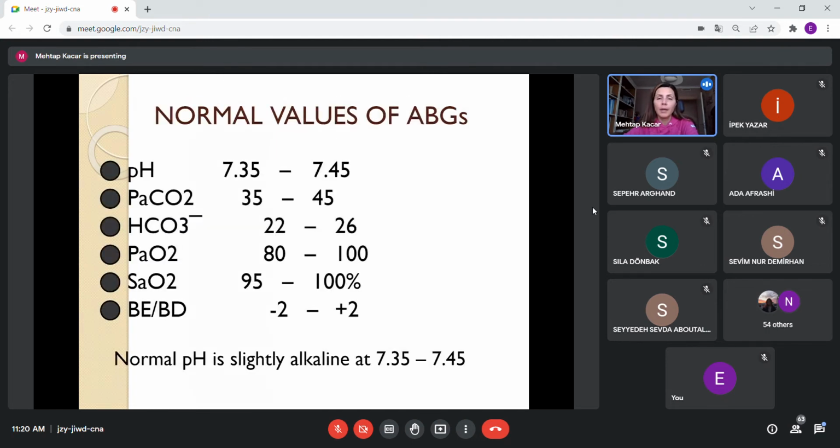Normal values of arterial blood gases: pH is equal to 7.35 to 7.45, PCO2 45, bicarbonate 22 to 26, PO2 partial oxygen pressure 80 to 100, and oxygen saturation 95 to 100. Normal pH is slightly alkaline, as you see.